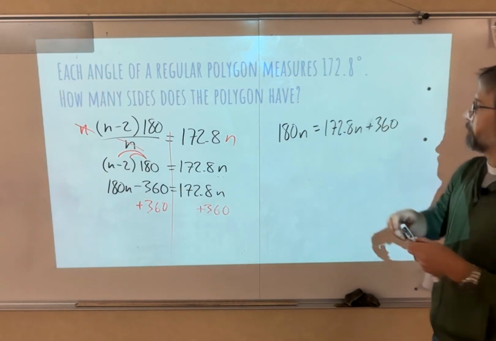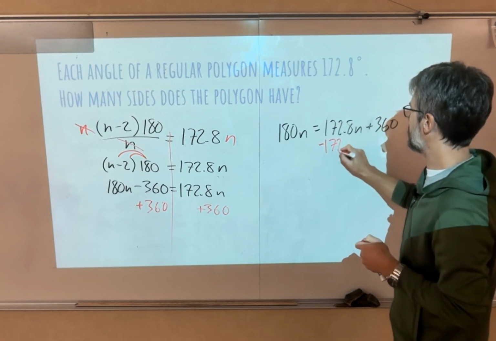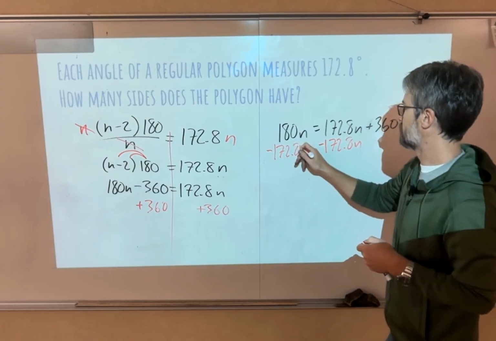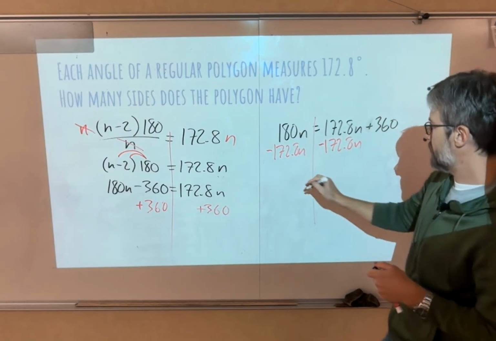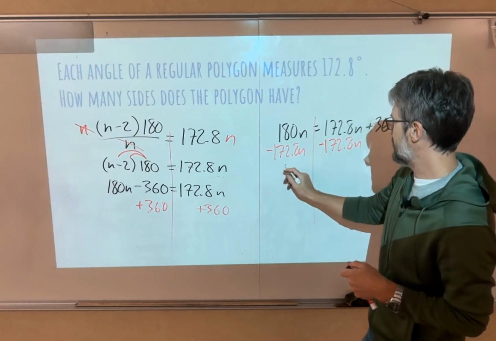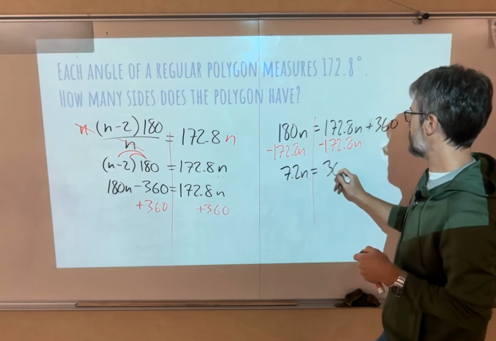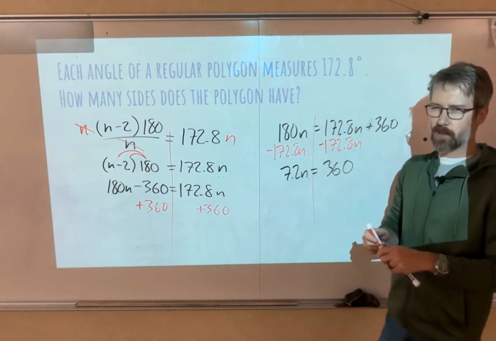And now I'm going to move the 172.8n over, so minus 172.8n. And so that leaves us with what? This would be 7.2n equals 360.